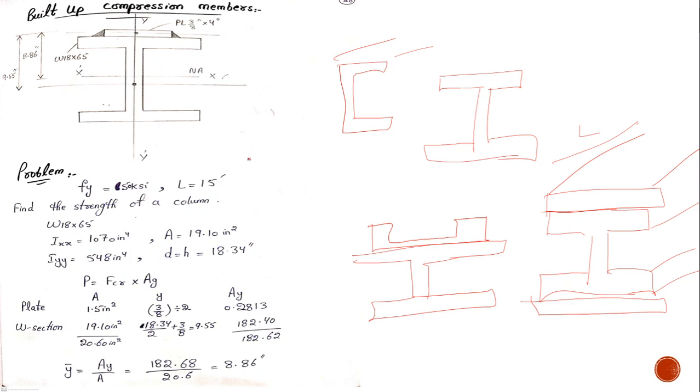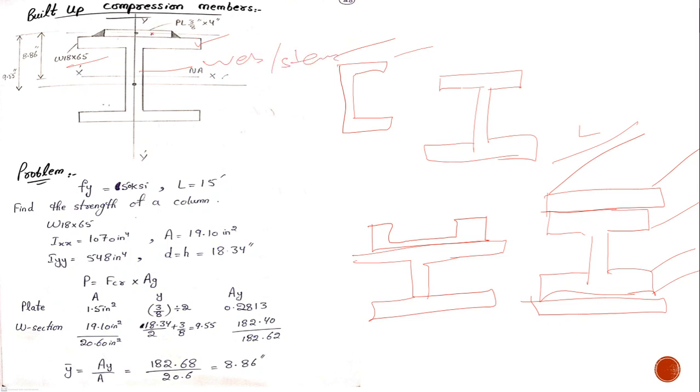So in this question, we are given a built-up member. It consists of a W section, which is W18x65, and a plate on its top. You should know that in a W section, this is a flange, and this is the web or stem.